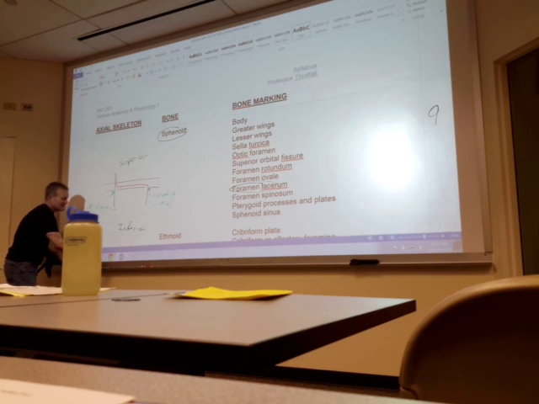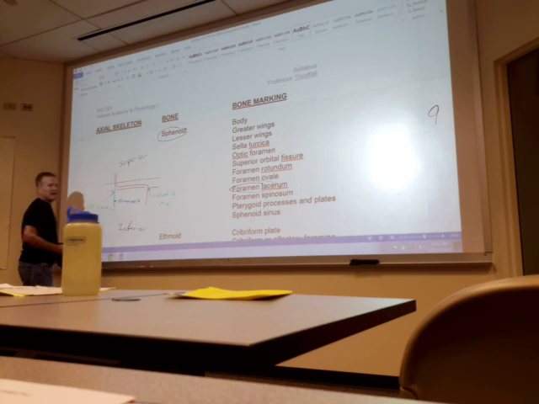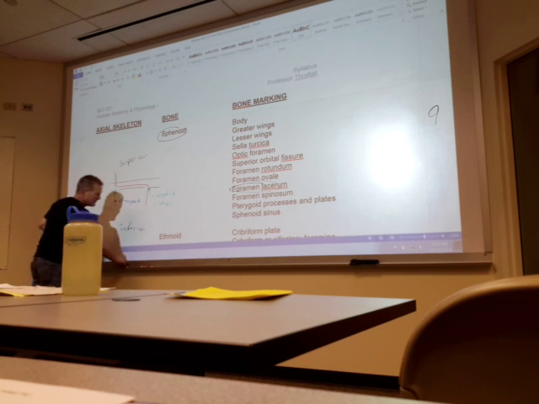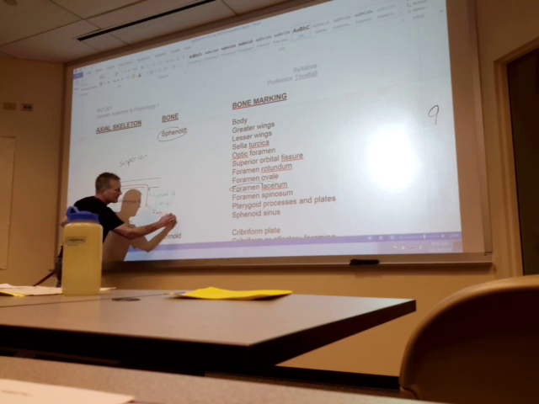So this blue vessel is the pharyngeal artery. This red vessel is the internal carotid artery.